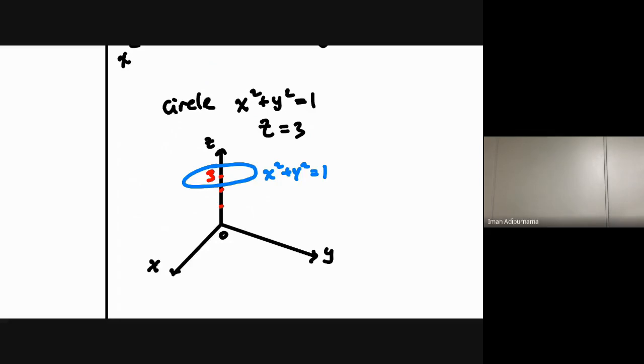But then you can see from the other side, it's actually on the level of 3 in z. Okay, so you need to be able to see from other angles if you want to imagine in 2 dimensions.